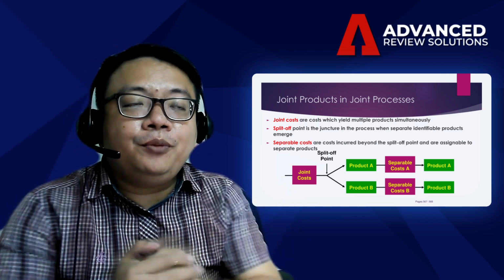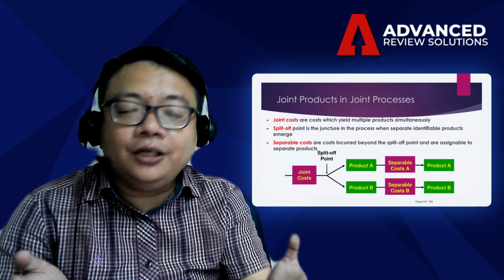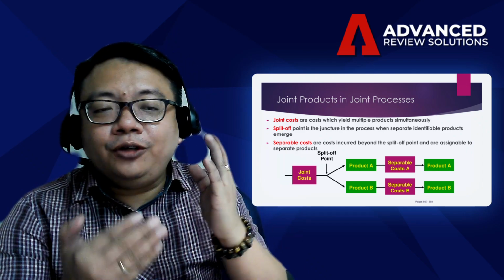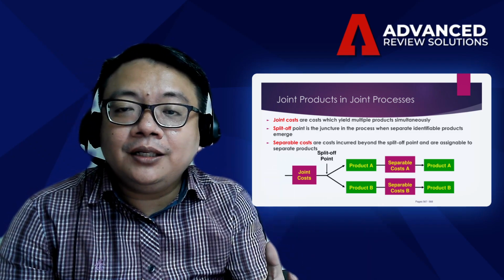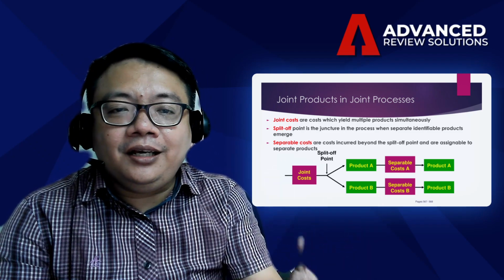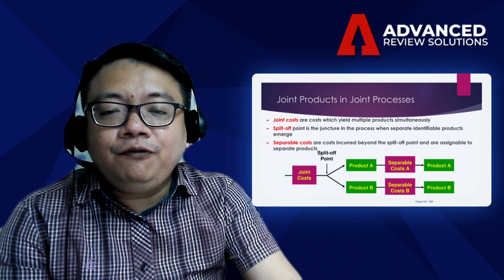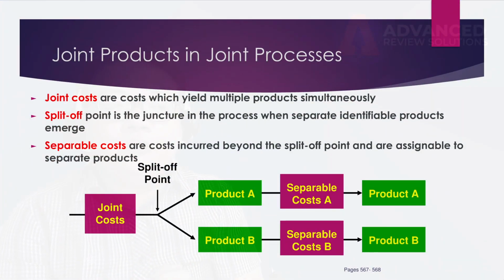For example, if we have milk, after the milk we have skim, we have liquid milk. That's why, class, if you have a split-off point and joint costs, there would be product A and product B.